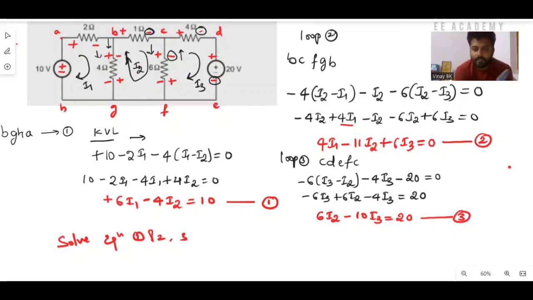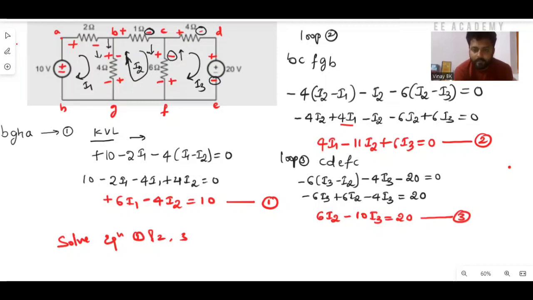Go to the calculator, press equation 5, then choose 3 unknowns, press 3. For the first equation, we'll have 6, minus 4, and I3 is 0 in equation 1, so I'll write 0, and D is 10. Similarly for equation 2: 4, minus 11, 6, 0.